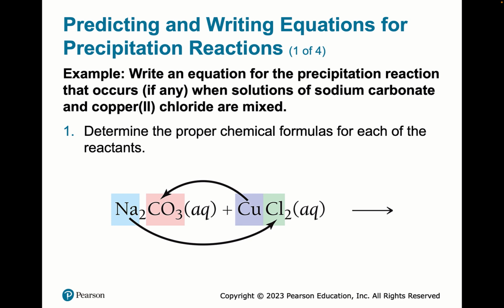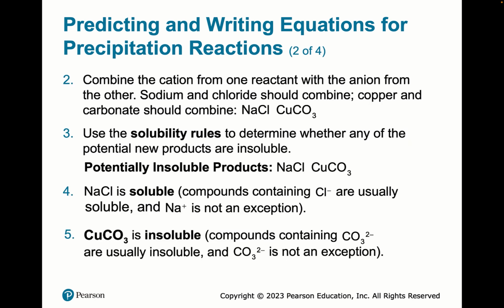For me, the general rule here is that copper is +2 and carbonate is -2. Without even looking at the chart, although I do have the chart memorized, I know that's not going to be soluble. That's definitely going to be stronger than the attraction to water. And sodium chloride, we already know it's soluble. So we have to look at the other products.